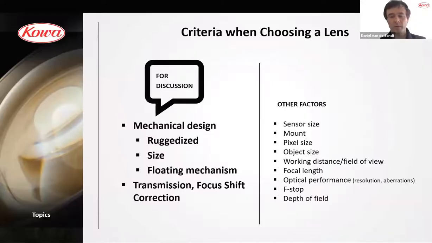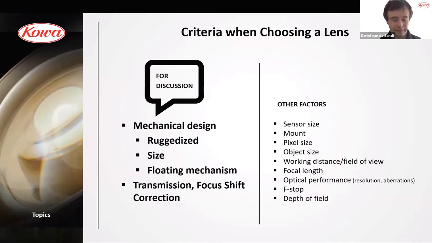If you look at this slide on the right side, you see the criteria you would usually look at first when choosing lenses. These are something like sensor size of lens, pixel size, or focal length. We are not looking at these factors today, but we are looking at what you see on the left side.